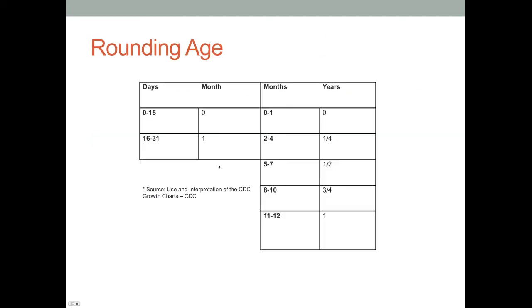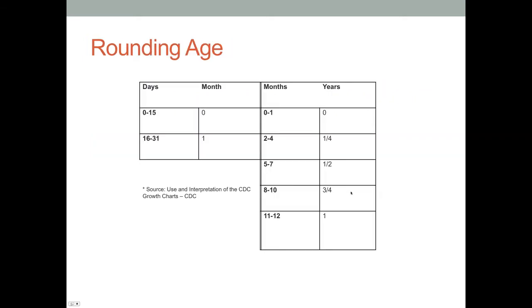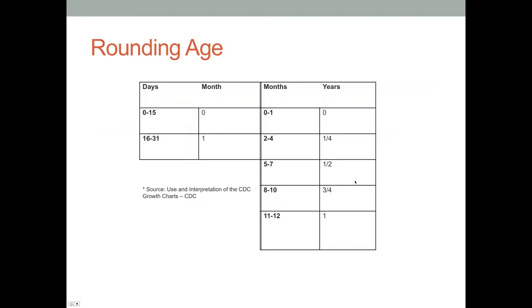Now, there's also the principle of rounding. So if going back, you get 0 to 15 days, like here, you're going to round to 0 months. You're not going to add a month. But as in here, you get 20 days, well, 16 to 31, you're going to round up 1 month. Okay?